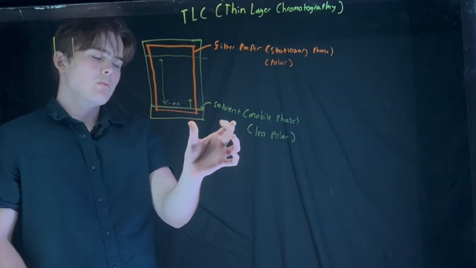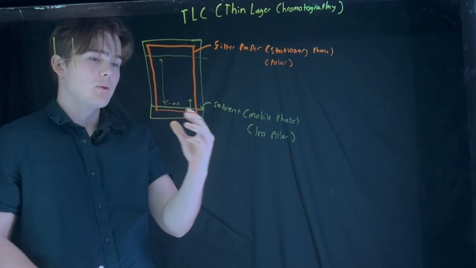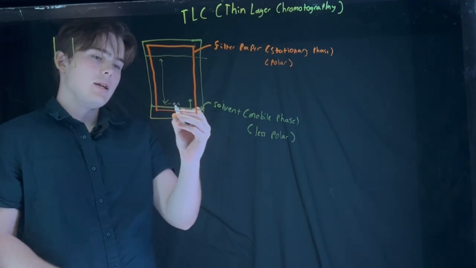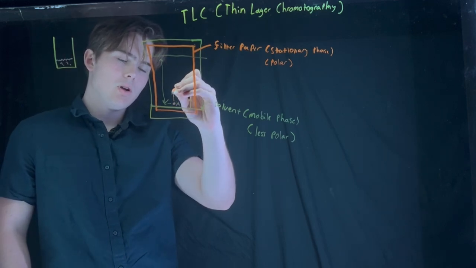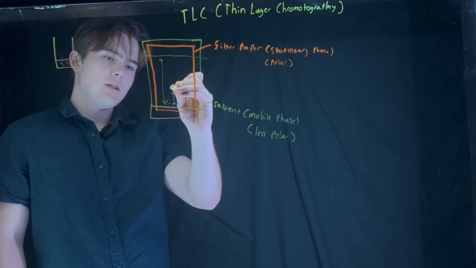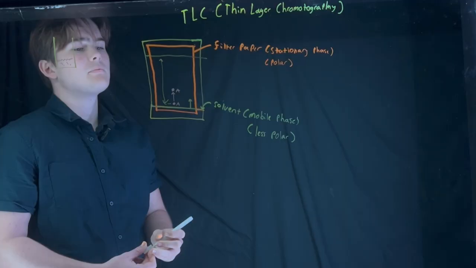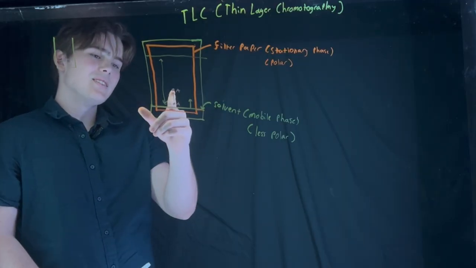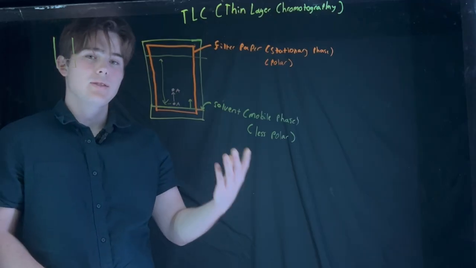When that solvent moves, it's also going to move our unknown liquid as well. So this A here can move up here as well. It might end up over here. Now the distance that this molecule moves depends on the charge of the amino acid.